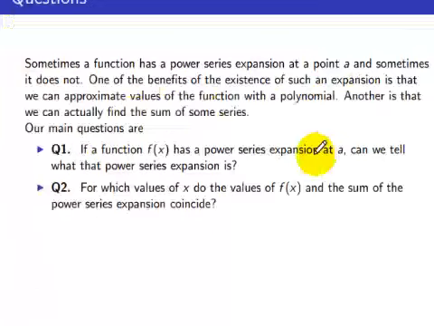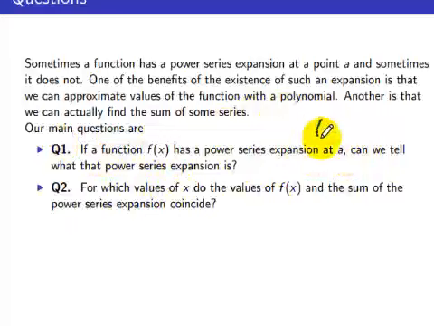So Taylor found a particular power series when the function is infinitely differentiable in a given interval around that point.